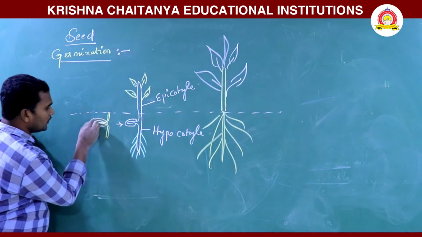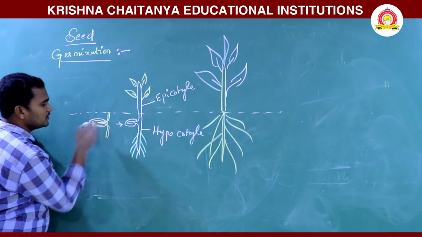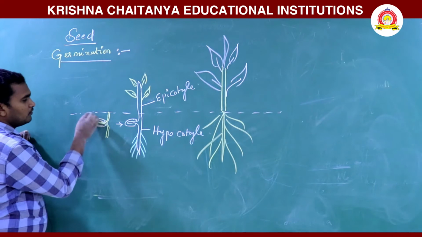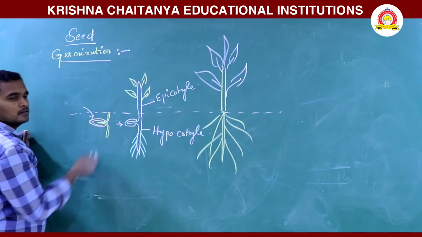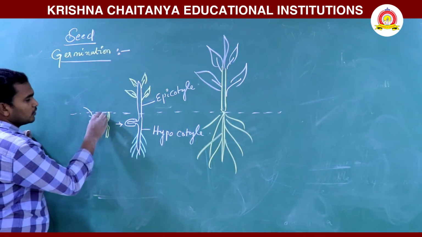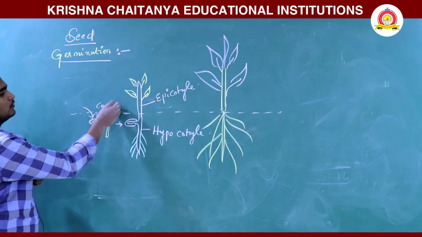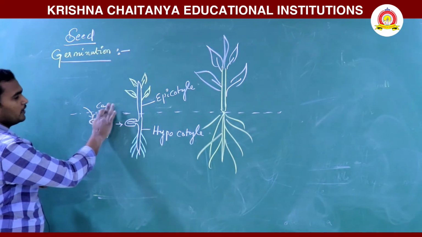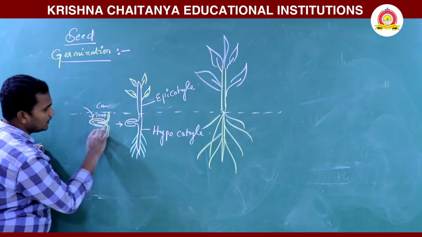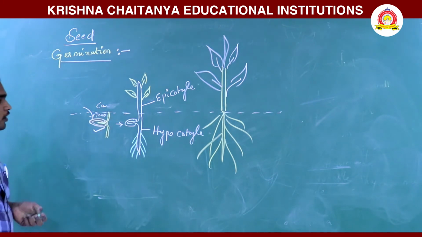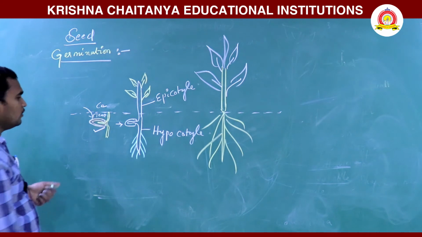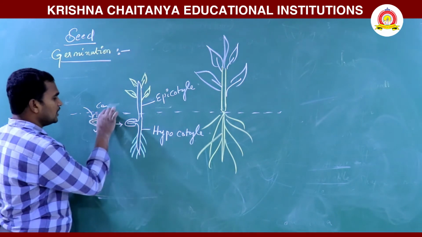Initially, this is a dormant seed. In a dormant seed, we provide water, suitable temperature and carbon dioxide. Automatically the dormancy state will be broken, and then it germinates.